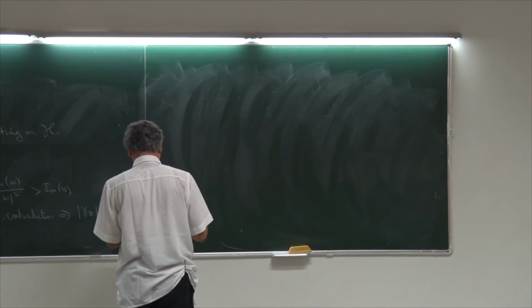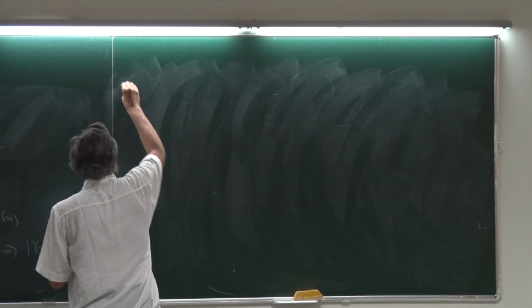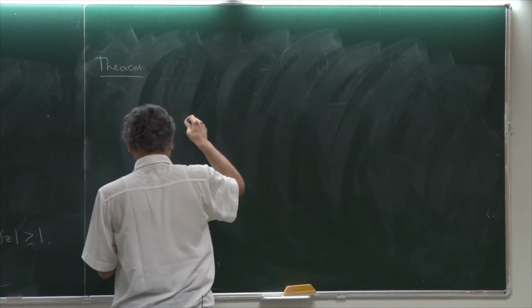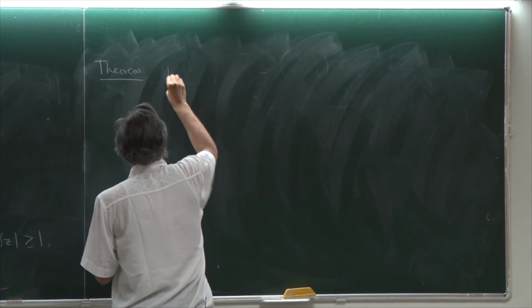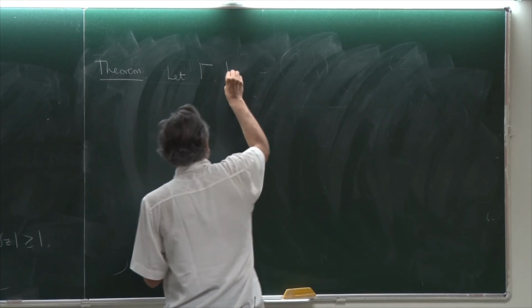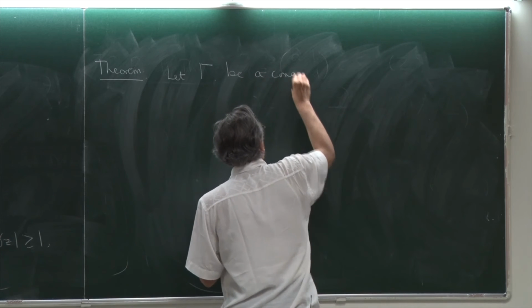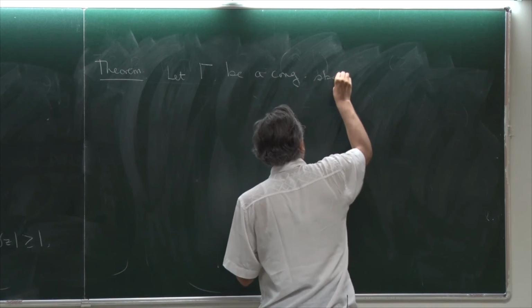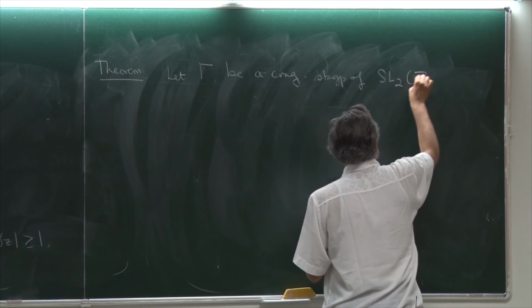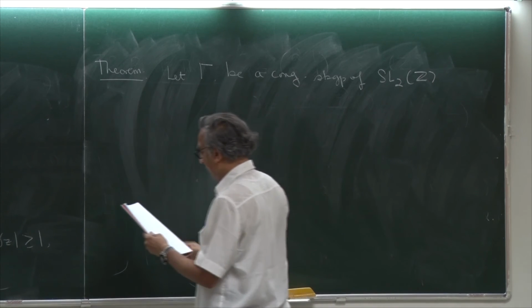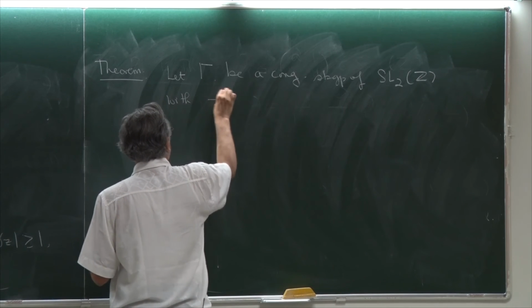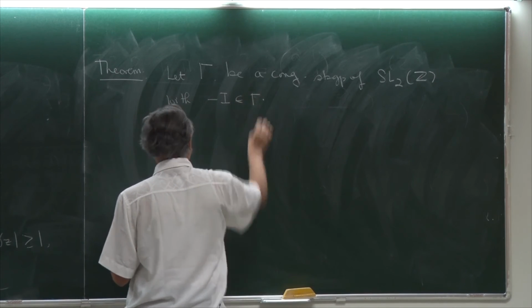So, theorem. Let gamma be a congruence subgroup of SL2Z. So it's of finite index, with minus identity being an element of gamma.